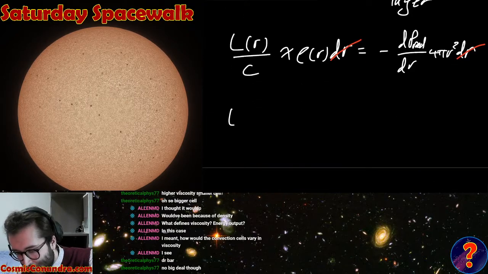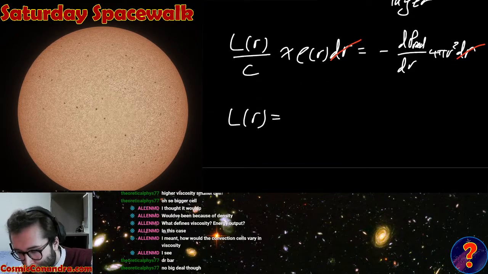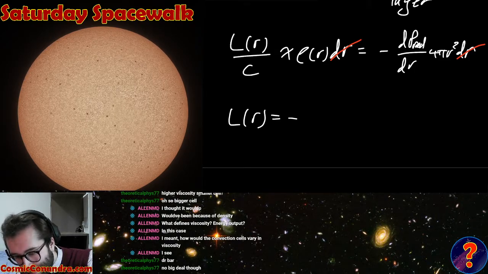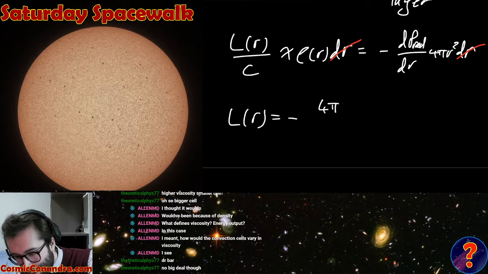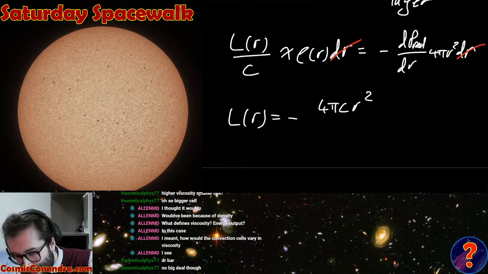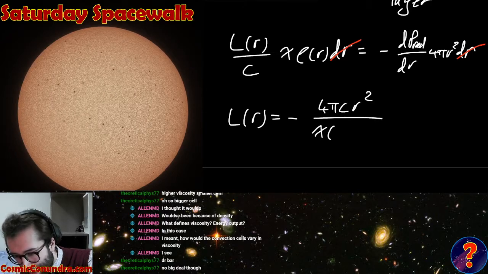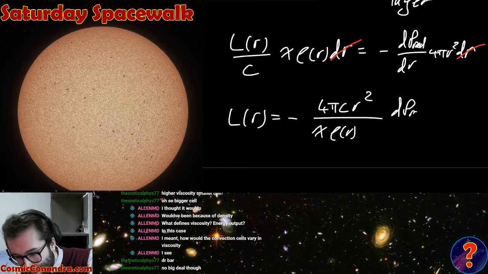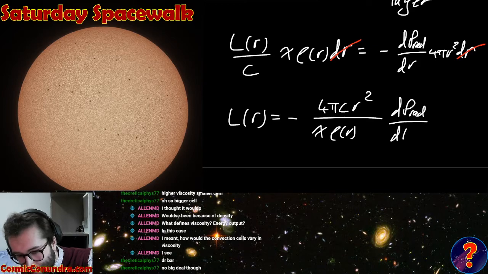And then we rearrange this as an expression for the luminosity as minus 4 pi c r squared over chi rho r times this gradient in the radiation pressure.